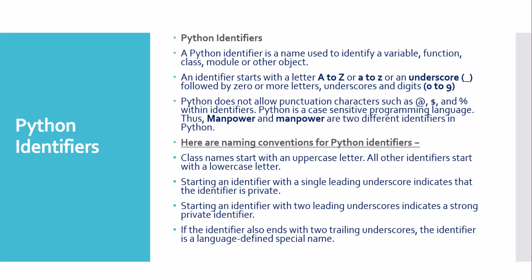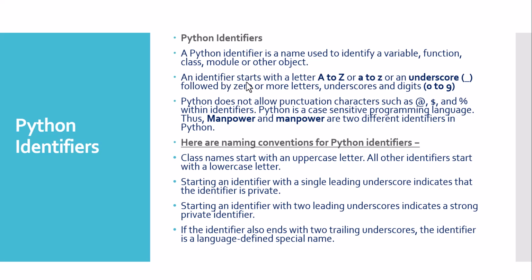Like that, in a programming language there is an identifier, with the help of which you are able to recognize methods, classes, variables, modules and other objects. So here, a Python identifier is a name used to identify a variable, function, class, module or other object.